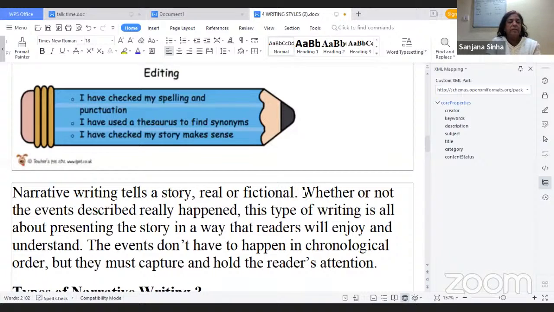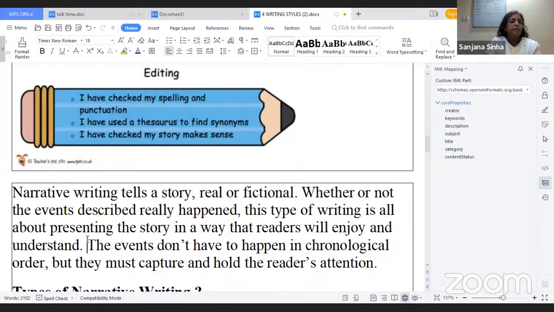Fictional means something you have made up, imaginary. Whether or not the events described really happened does not matter. What matters is that you are creating a story by including something interesting, in a way that the readers will enjoy and understand.